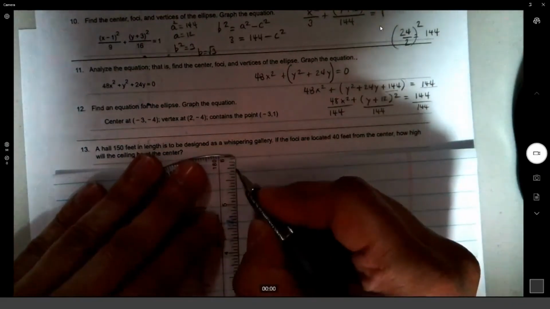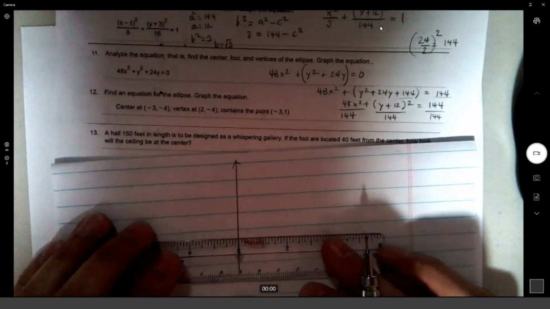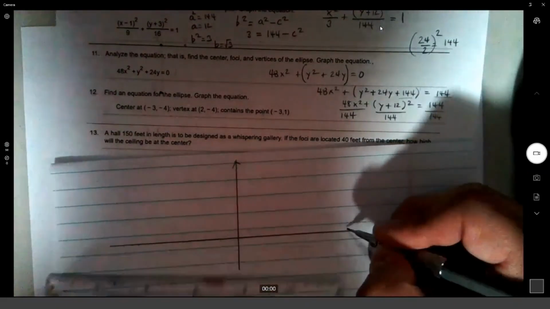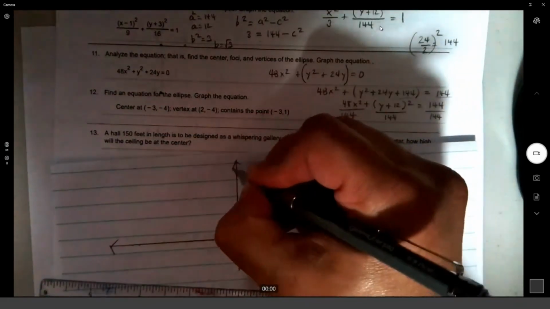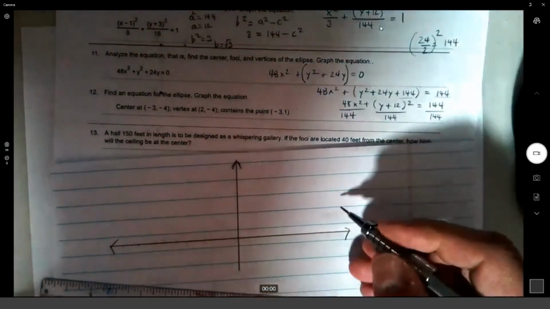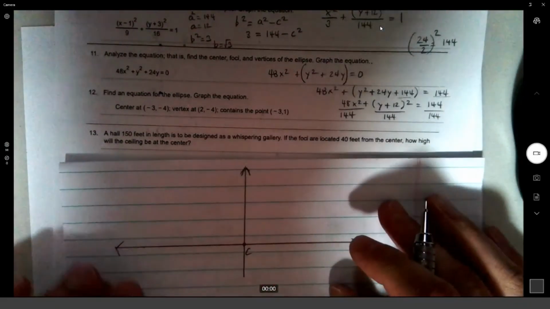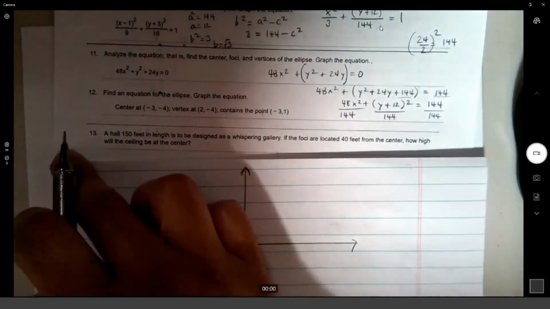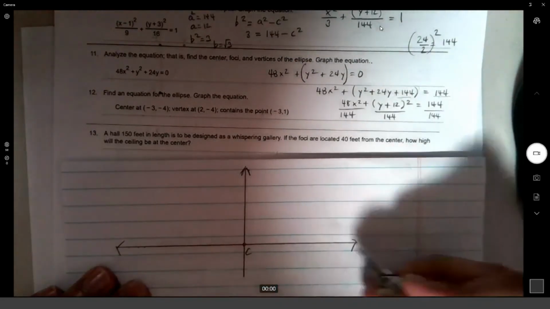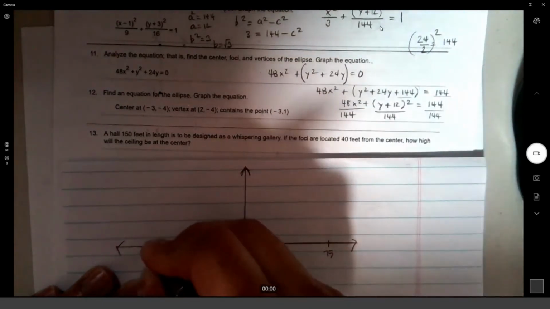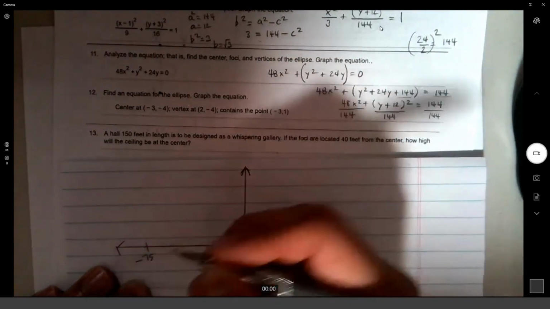So what we're going to do is take our information and put it on an x-y axis. We'll put the center at 0, 0. Since the hall is 150 feet, I'm going to label this 75, and of course that will be -75.